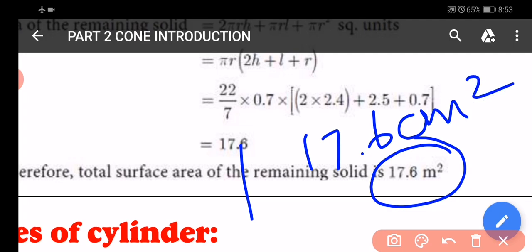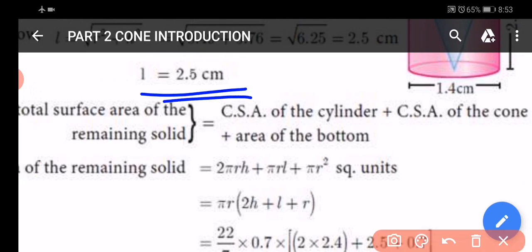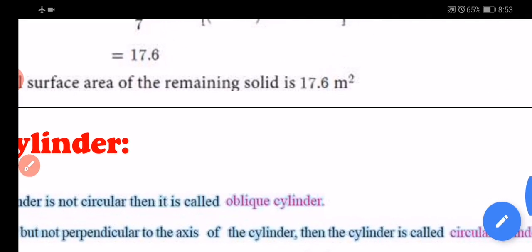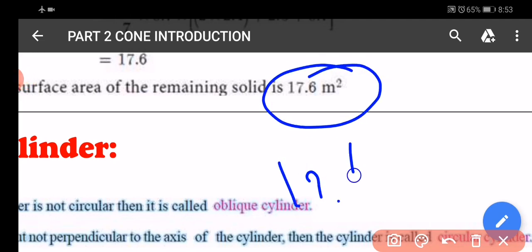We use l equal to 2.5 centimeter, so all measurements are in the same unit, centimeter. So in the answer we use 17.6 centimeter square.